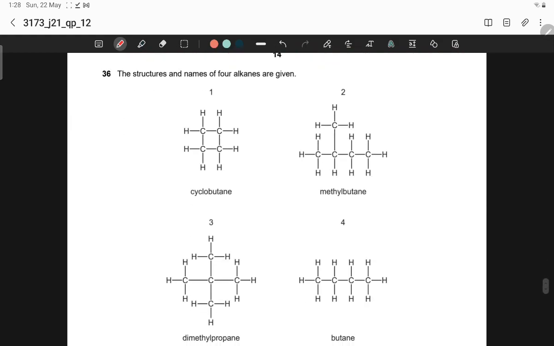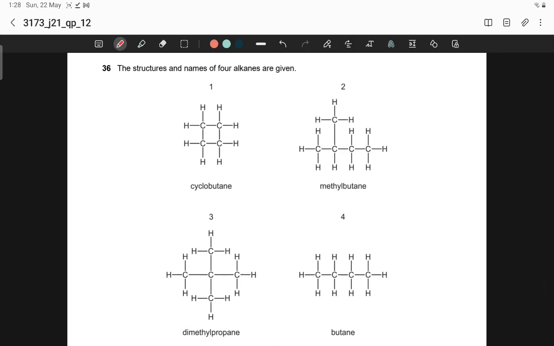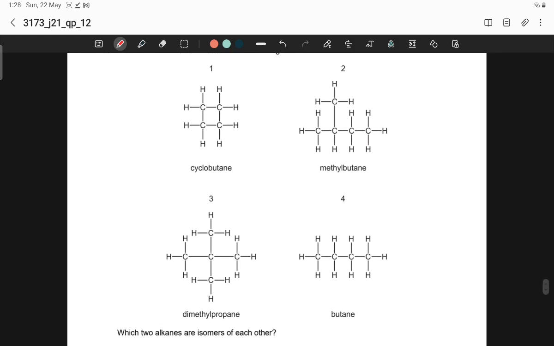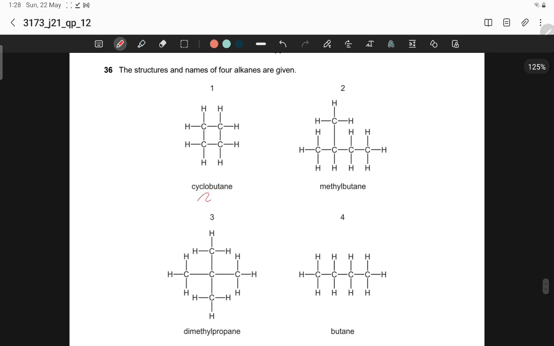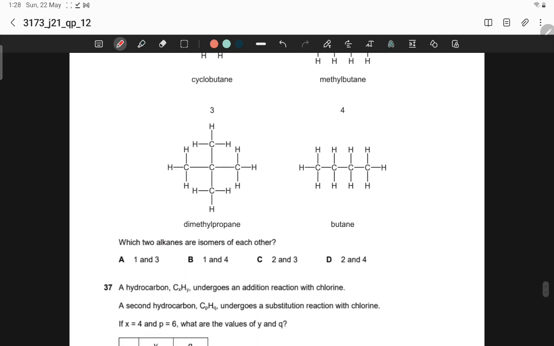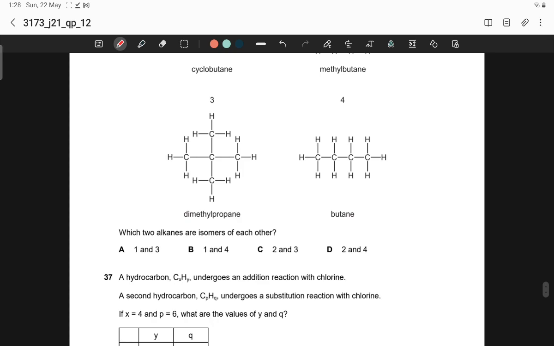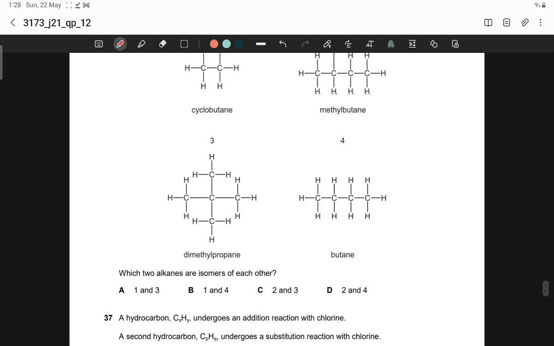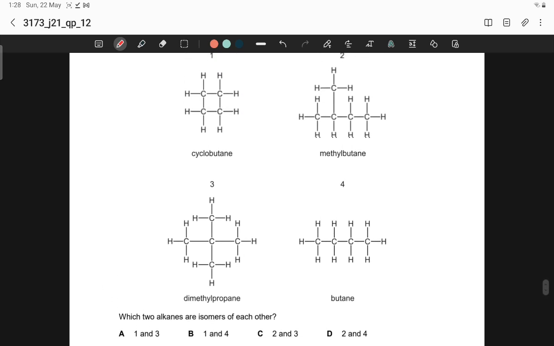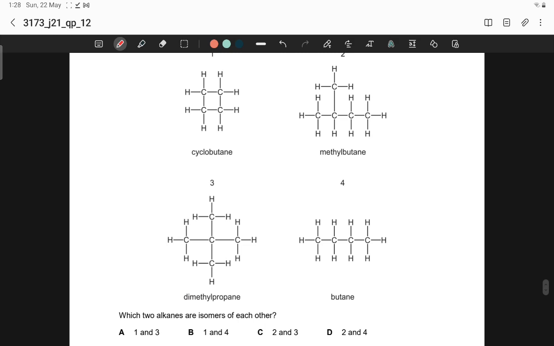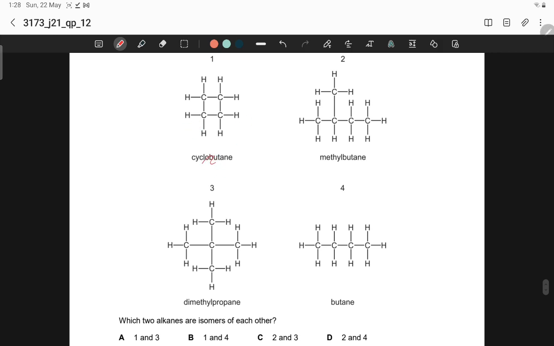Question number 36. The structures and names of 4 alkanes are given. Cyclobutane, methylbutane, dimethylpropane and butane. Which 2 alkanes are isomers of each other? So this is cyclobutane, this is C4H8.